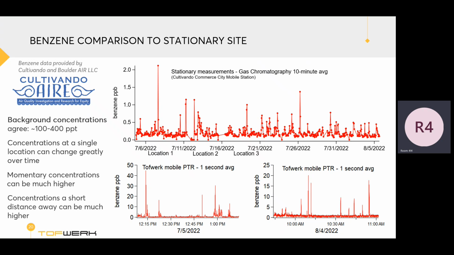This has a maximum concentration, and from the mobile lab, it's a maximum concentration. It really shows you that if you're using long-term averaging, we start to average out some of these high concentrations. In fact, it's really important.